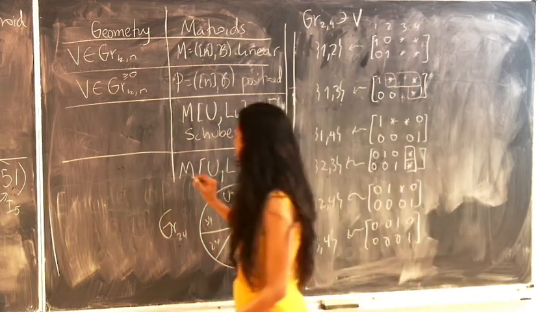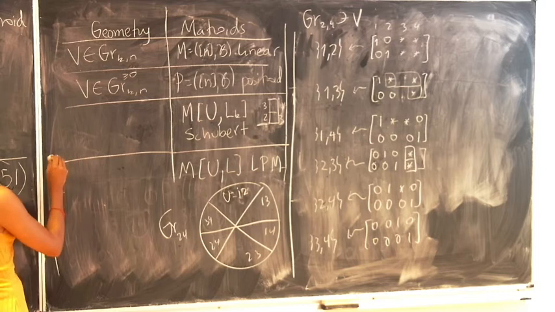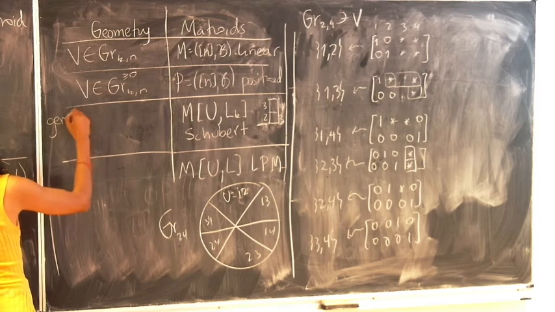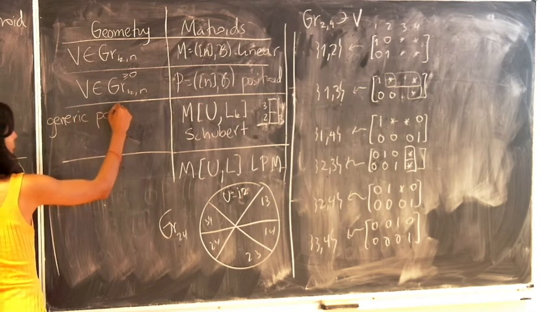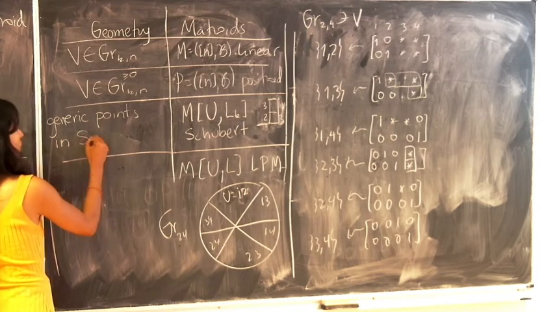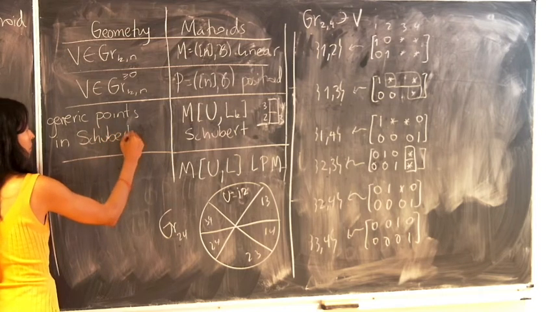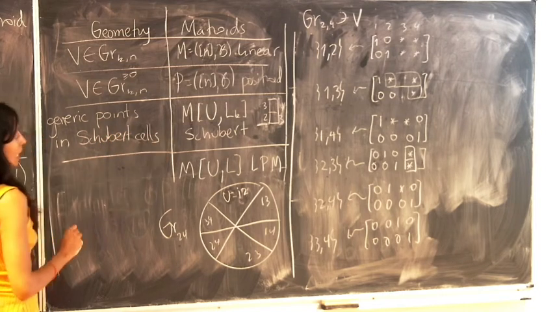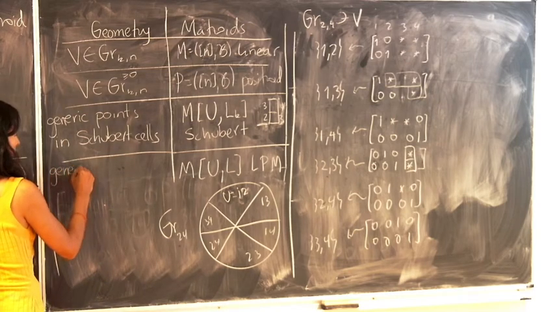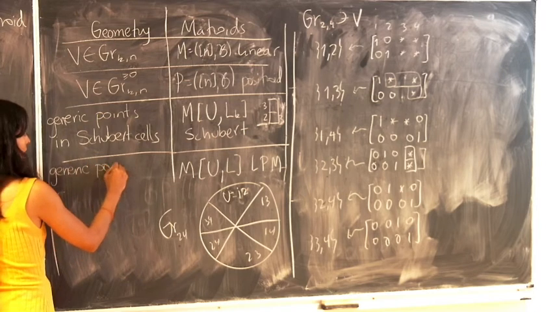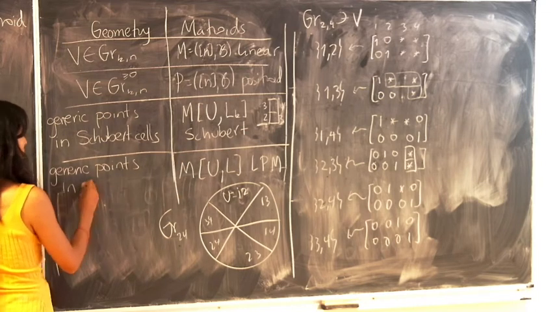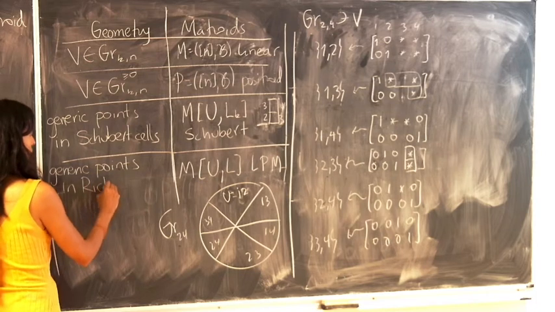So basically, Schubert matrices arise as generic points in the Schubert decomposition, in Schubert cells. And similarly, I'm just going to say here that lattice path matrices can also be defined as generic points in a different decomposition that is called the Richardson decomposition.